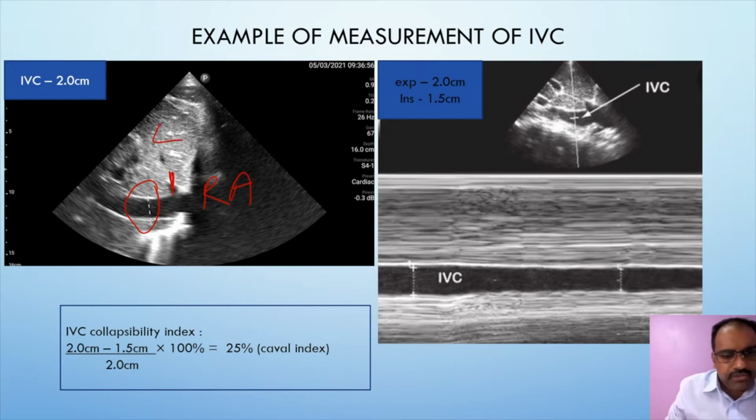The measurement should be done at least about 2 or 3 cm away from this hepatic vein, and the measurement should be exactly perpendicular. If this is your lumen, your measurement should be really perpendicular, about 90 degrees. That gives you a very accurate measurement.